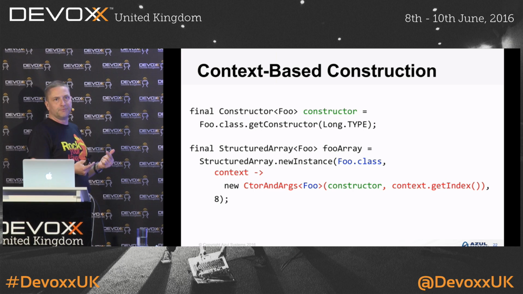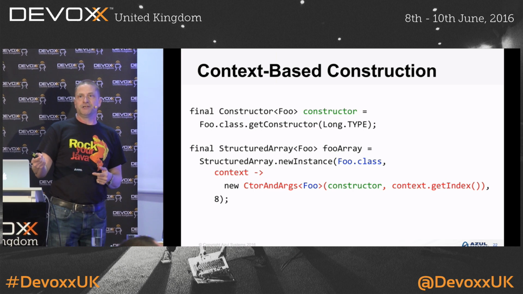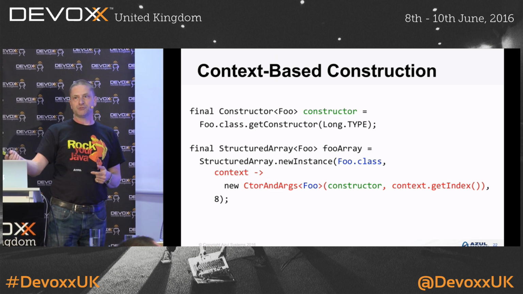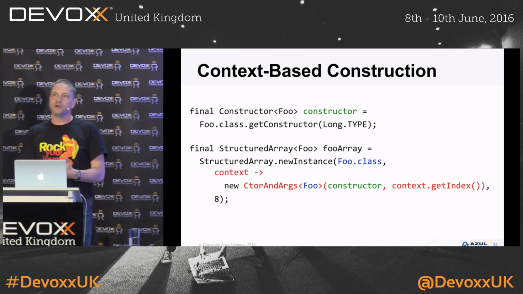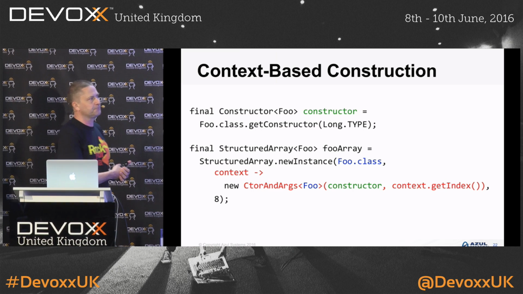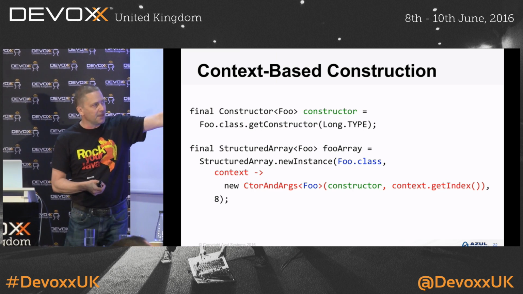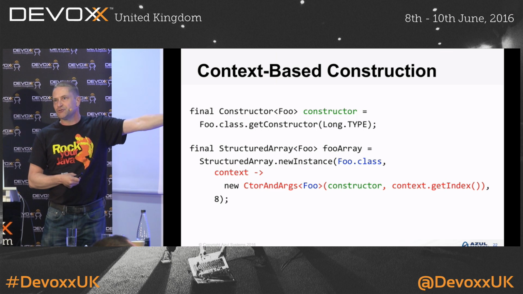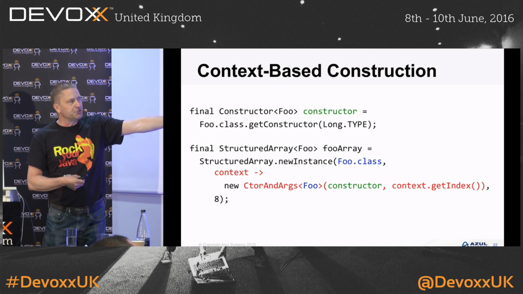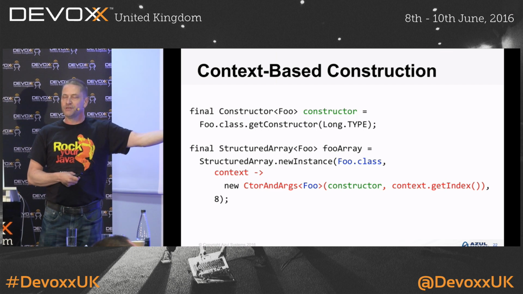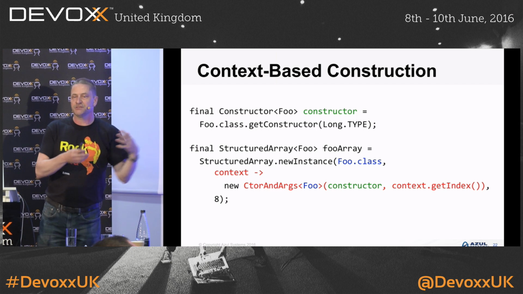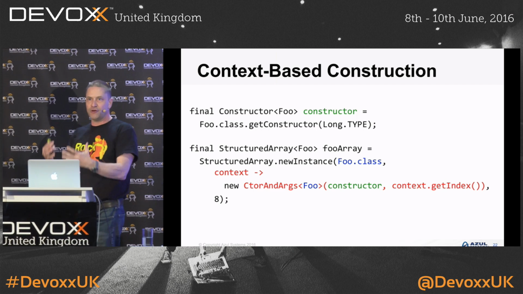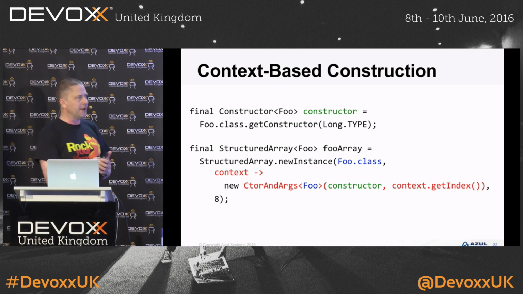And the CtorAndArgsProvider is a functional interface. So it's an interface that has one abstract method, so we can use a lambda expression to represent that. So here what we're saying is that the way that we want to use that constructor is use a lambda expression where the variable that gets passed is the context. That's the context as the object is created to populate the StructuredArray.